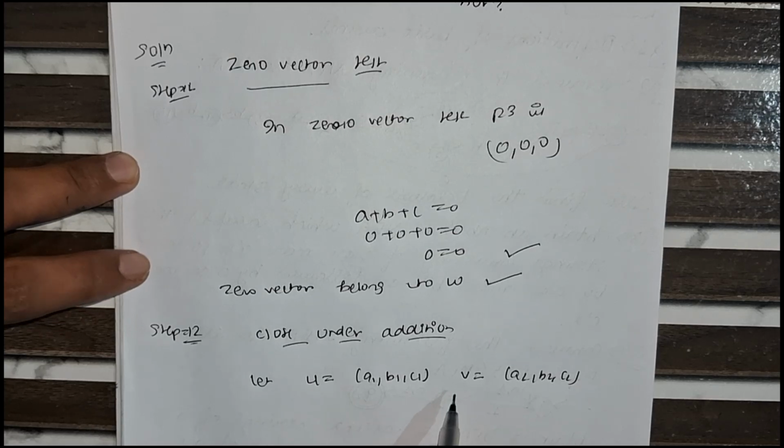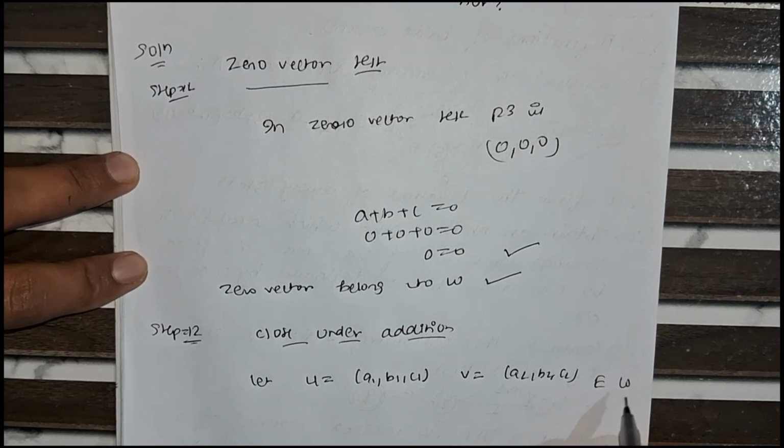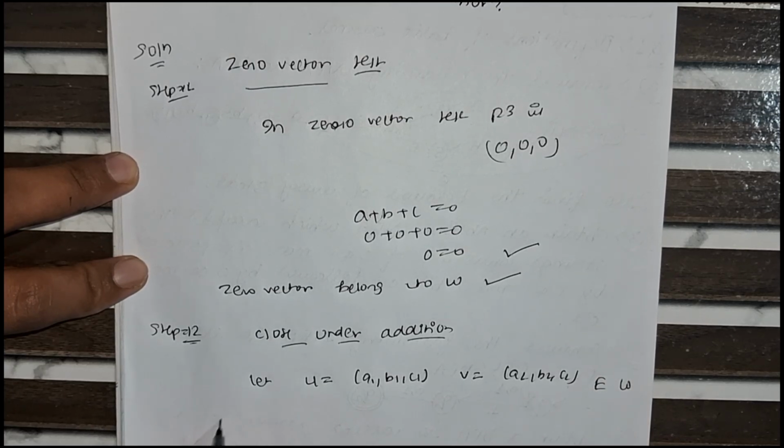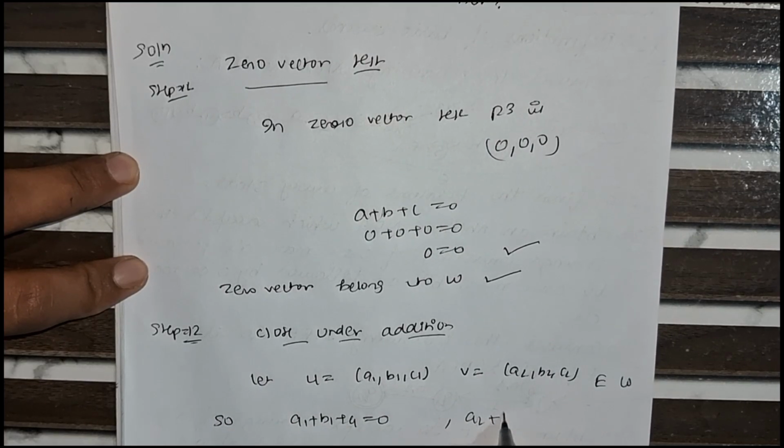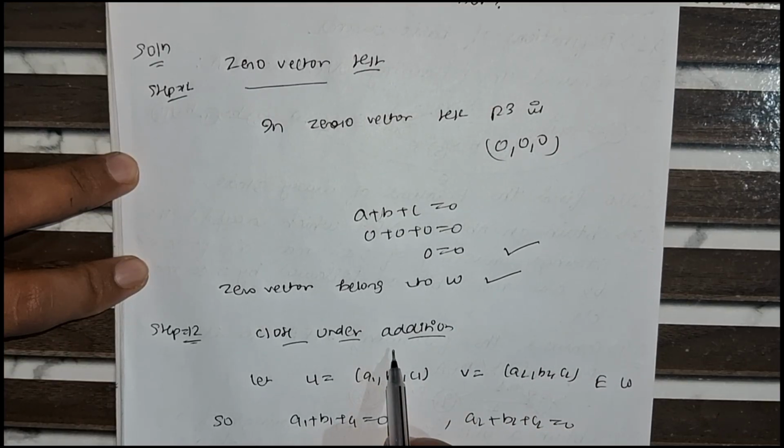Let u and v belong to W, which is given in the question. So a1 + b1 + c1 = 0 and a2 + b2 + c2 = 0. Checking the condition under addition.